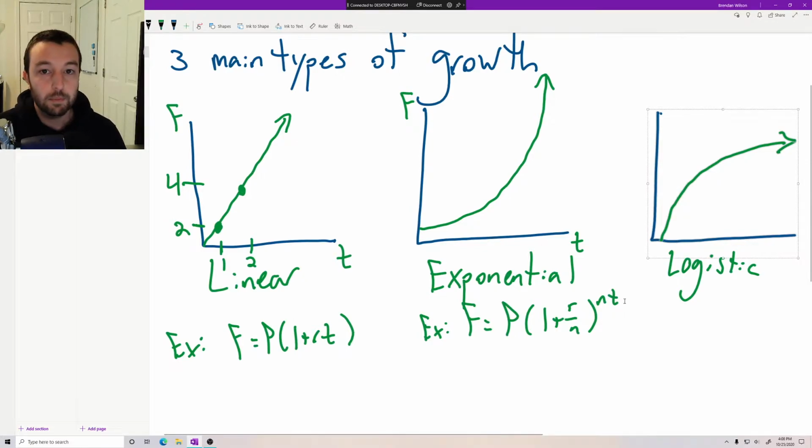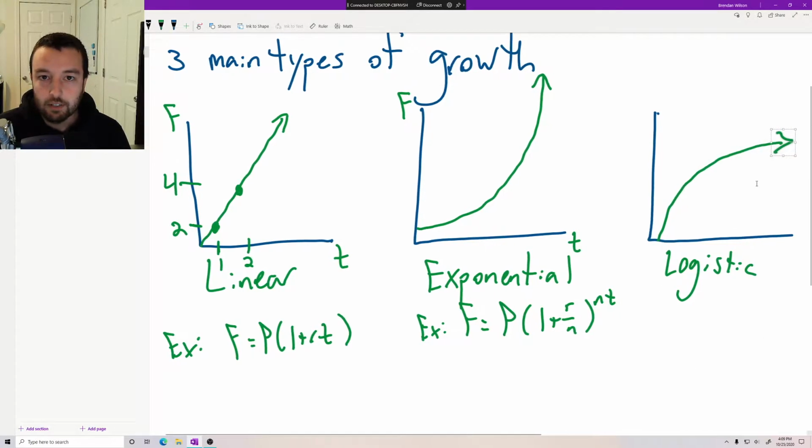If you think about human population, for example, over the last 100, 200, whatever years, our population has been growing extremely quickly. So you can imagine it's kind of looking like this part right here. But you can also imagine eventually it's got to level off, right? There's only so many people that the planet can sustain. It can't sustain that level of growth indefinitely, like in an exponential model.